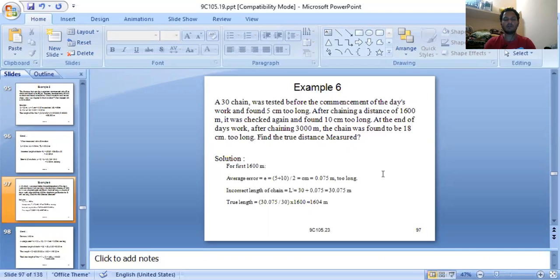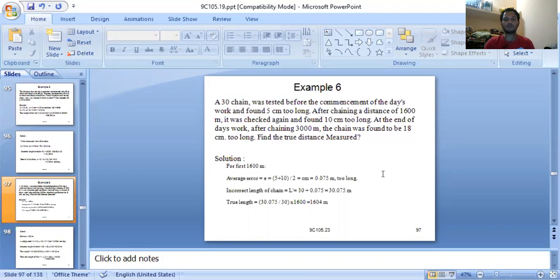The average error between the starting and intermediate point is 5 centimeter plus 10 centimeter divided by 2. So the error in measuring the 1600 meter length is the average of 5 plus 10, which means 0.075 meters too long.